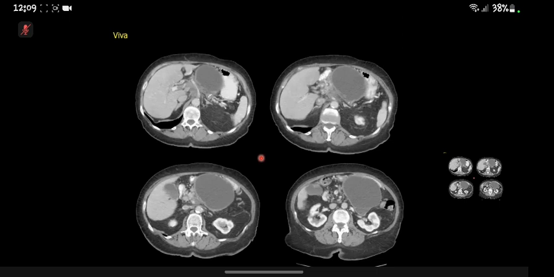Given that there's a hypoenhancing focus in the pancreatic head, I'll be concerned about a pancreatic tumor, an adenocarcinoma there. The cystic lesion, I'm not sure if this is a separate entity and represents a mucinous cystadenoma with a pancreatic adenocarcinoma.